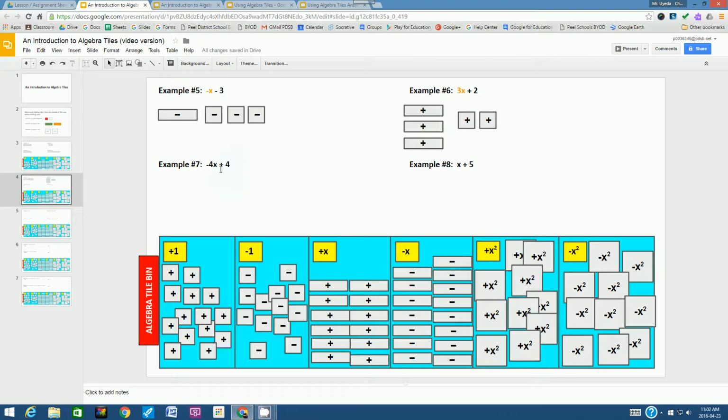All right, let's move on to example 7. Again, let's separate these terms. These are called terms. So I'm first going to look at negative 4x. So please build that part of the diagram, negative 4x.